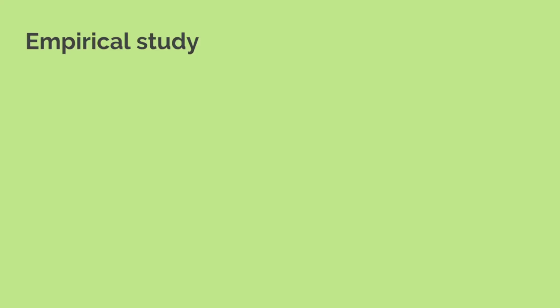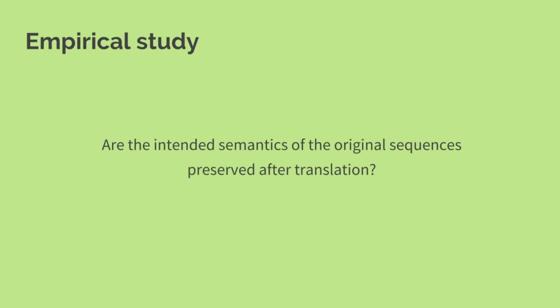The goal of the empirical study presented in this article is to evaluate the correctness of the synthesized Espresso test cases. This also included a large quantitative and qualitative analysis to assert that the intended semantics of the original sequences are preserved. The following research questions aim to reveal how pervasive this problem is.